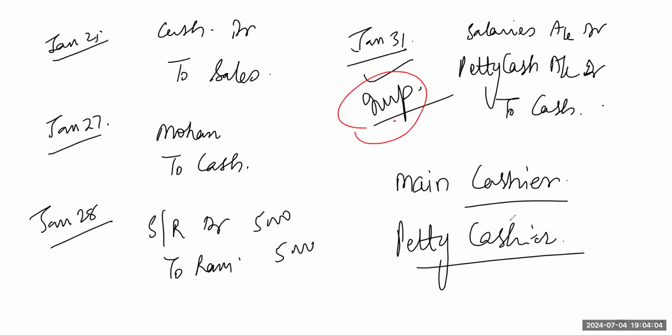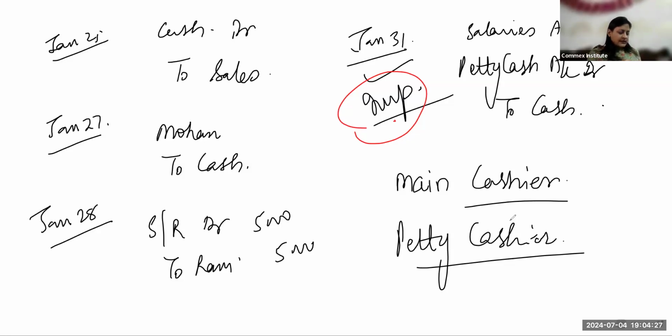Yes, ma'am, can you please show the previous one once again, the Jan 31? Now for Jan 31, the last entry, you'll have to go to the Mohan entry. So Mohan was 60,000. 5% of that would be 3,000.